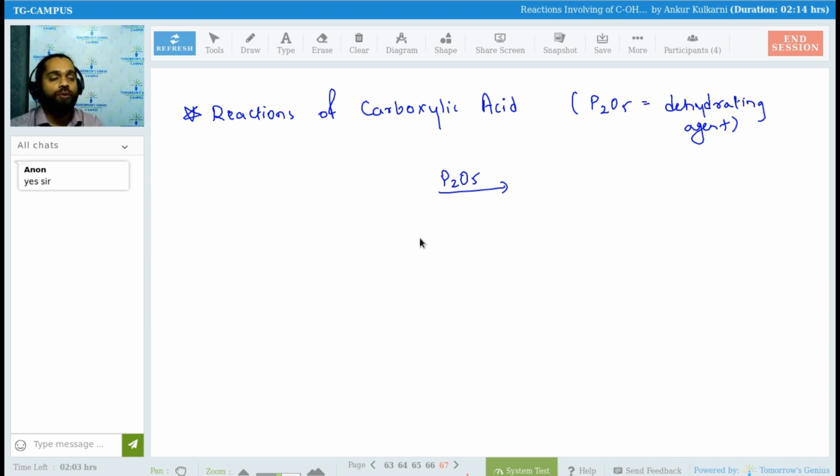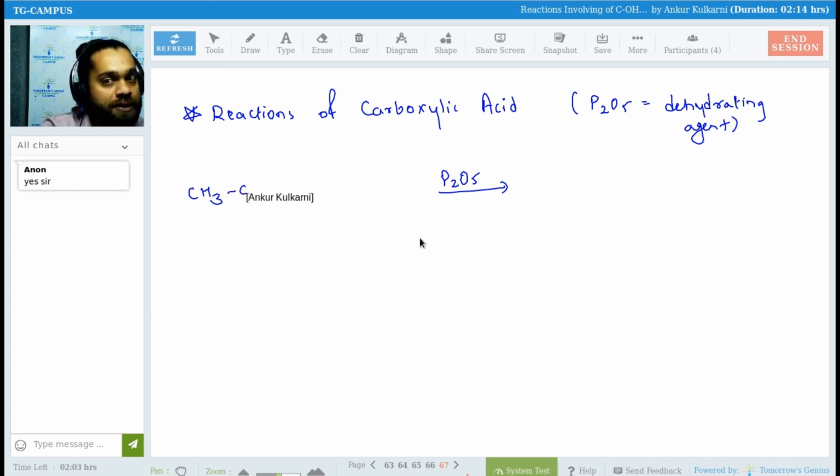So what does P2O5 do? P2O5 is a dehydrating agent, so it removes water from your molecule. For example, we are doing reactions of carboxylic acid. If I have CH3 C double bond O OH.